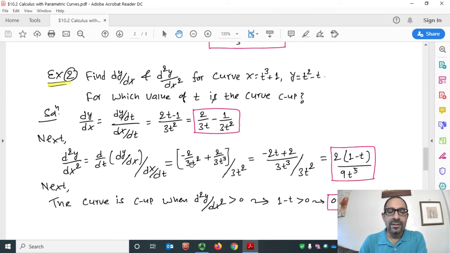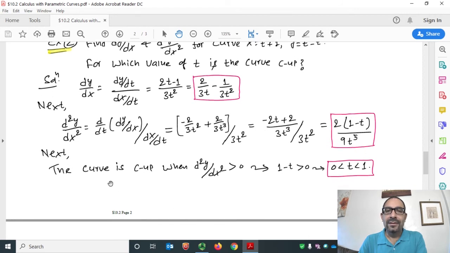For instance, in the first part we keep 2/3 as it is, and the derivative of 1 over t is minus 1 over t squared, which is here. Great. And the denominator is dx over dt, which is 3t squared. Now simplify this fraction. It turns out to be 2 times (1 minus t) over 9 t to the power 5. Great.